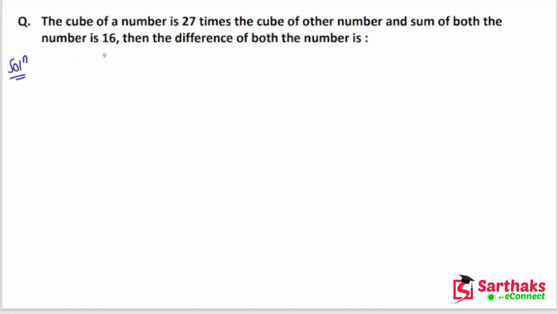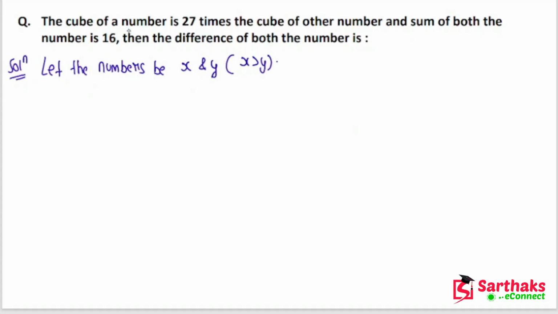So let the numbers be x and y. You can write x greater than y. You can also take y greater than x, no problem at all, right?